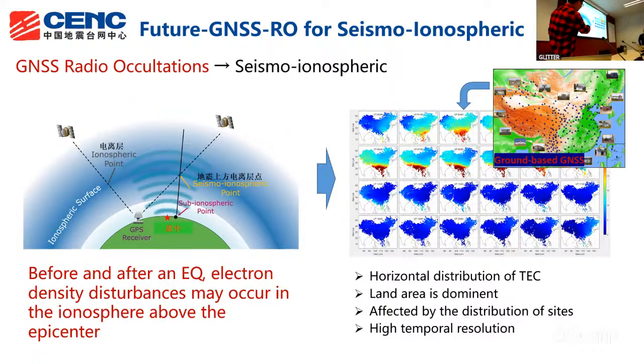Here is the epicenter. The earthquake happened deep inside the Earth, and we can see a very fast slip.